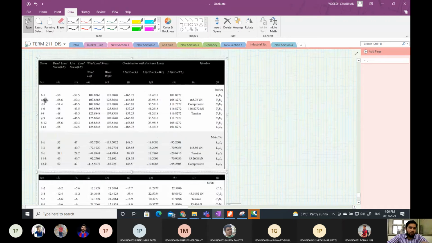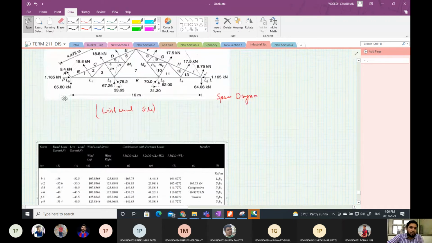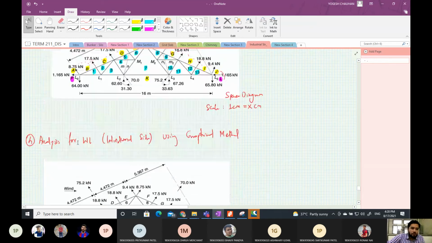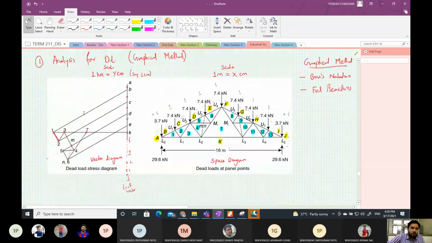So what you have to do, say for example B1 member, what is the length of B1 member? See for the dead load case, you have to refer the dead load figure. That you measure this length B1. Let us say it is 10 centimeter, and as per our scale, 1 kilonewton is equals to 1 centimeter. So it is 10 centimeter. That means it is 100 kilonewton.